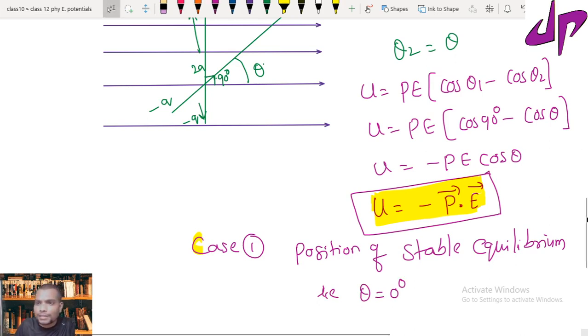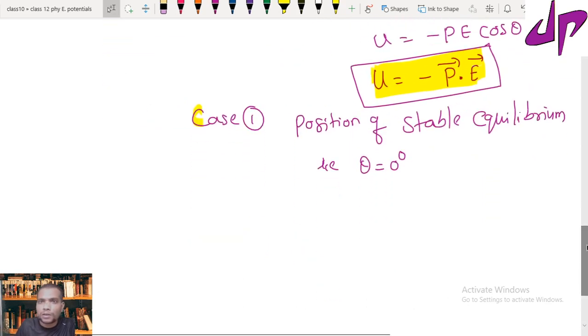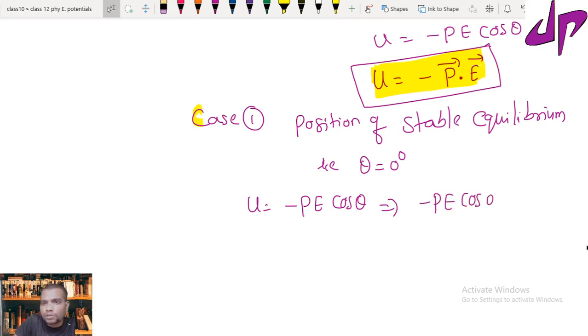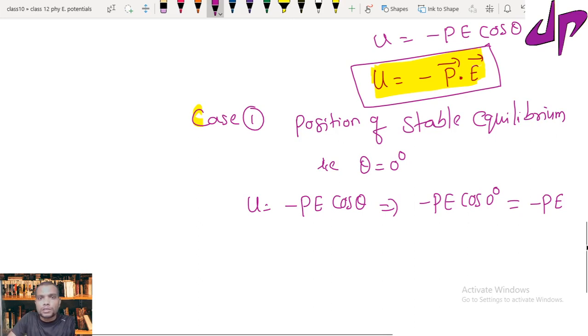Now in that case you can substitute in U equals minus pE cos θ, that implies minus pE cos 0 degrees. Cos 0 degrees gives 1, which equals minus p dot E. So in this case the potential energy U equals minus pE.